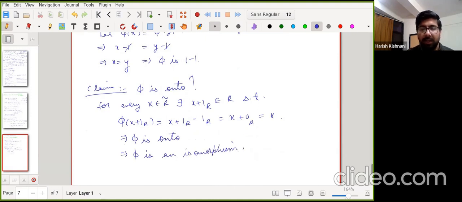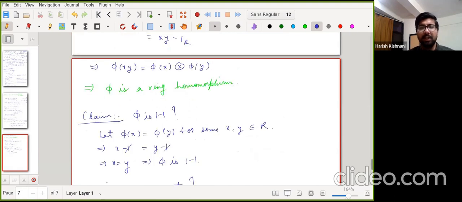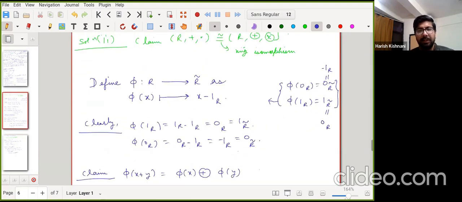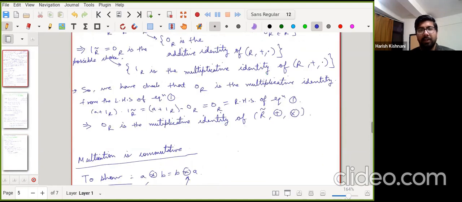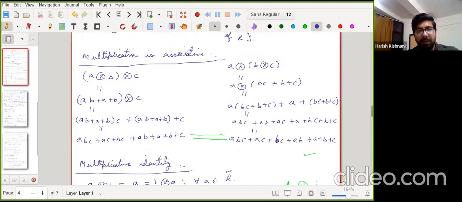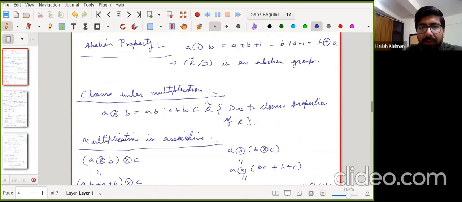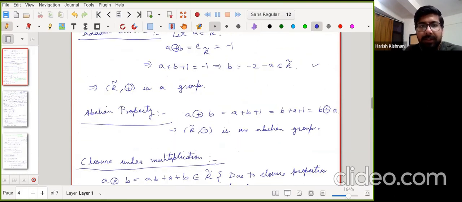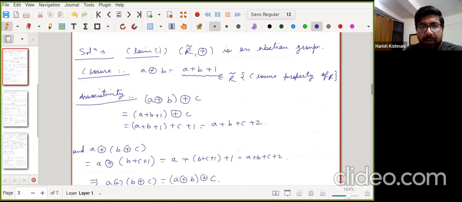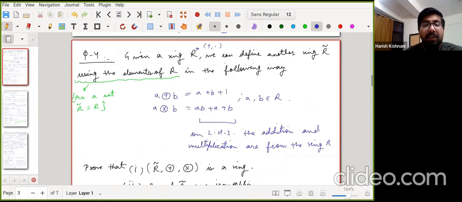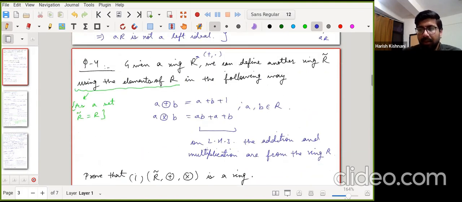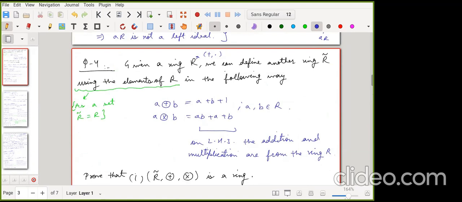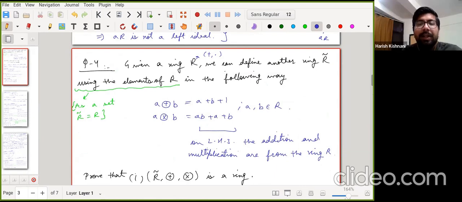Okay, so I hope you enjoyed this exercise. So what we did, we start with any ring and we just somehow defined new operations on the same set of elements, and the operations were defined in such a way that the additive identity of the new ring operations turns out to be the minus of the multiplicative identity of the original ring operations.